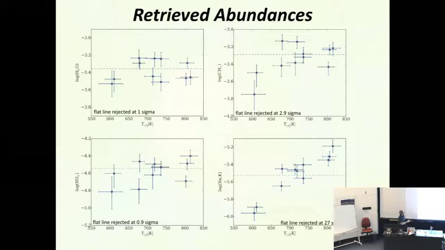So we don't really see any trends in the water, methane, or the ammonia abundances. You can't really strongly reject a flat line in all these cases. But one thing that is emerging that is interesting is this trend in the alkali metals versus effective temperature. So what we're seeing is the alkali metal opacity is decreasing by nearly an order of magnitude over the 600 to 800, 850 Kelvin range.